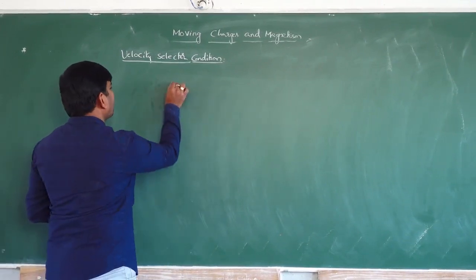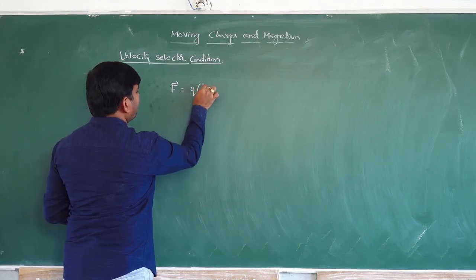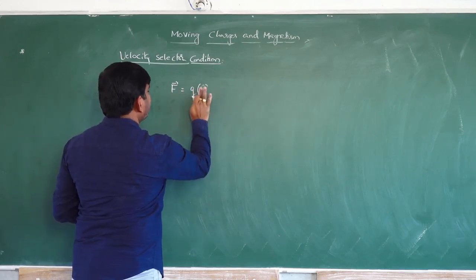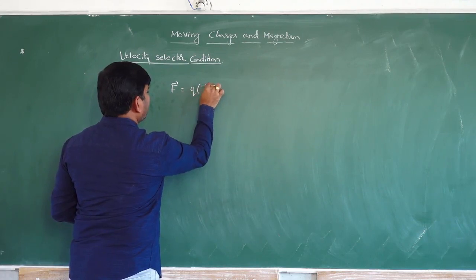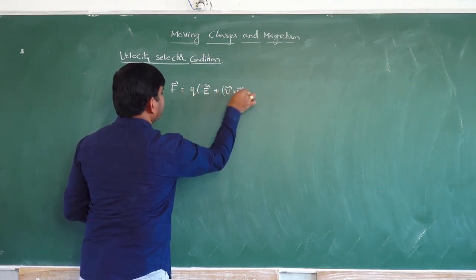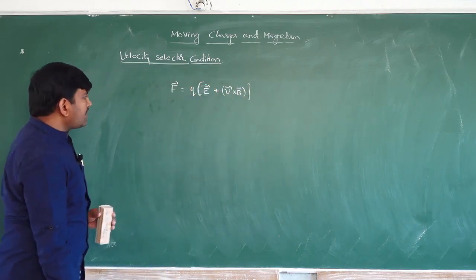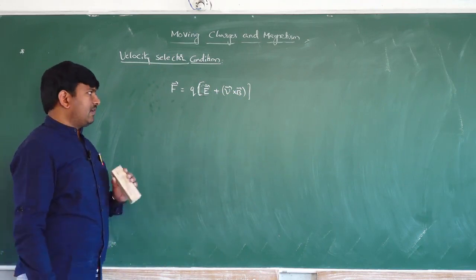Let me choose the Lorentz force formula as F bar is equal to Q into E bar plus V bar cross B bar. This is the formula for Lorentz force when a charge is moving in the combined electric and magnetic field.